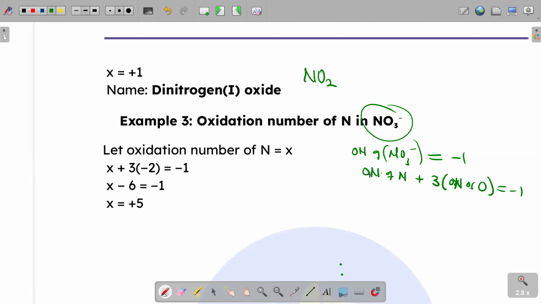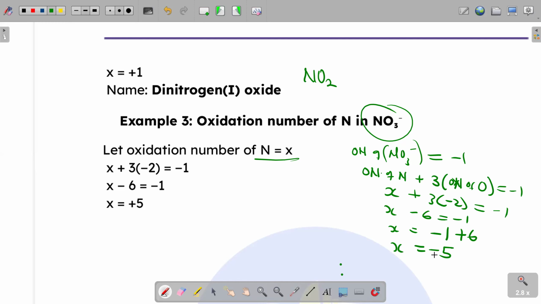The oxidation number of nitrogen, let it be X. That's what we want to find. Plus 3 times the oxidation number of oxygen, which is -2, equals -1. So we have X minus 6 equals -1. Then X equals -1 plus 6, so our X is +5.